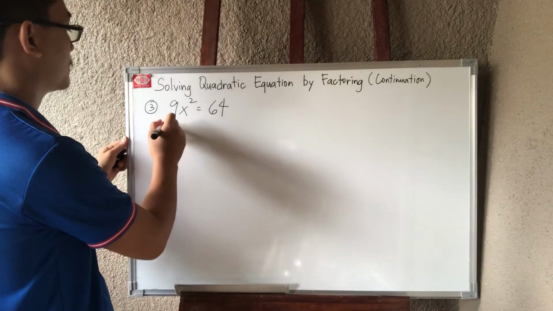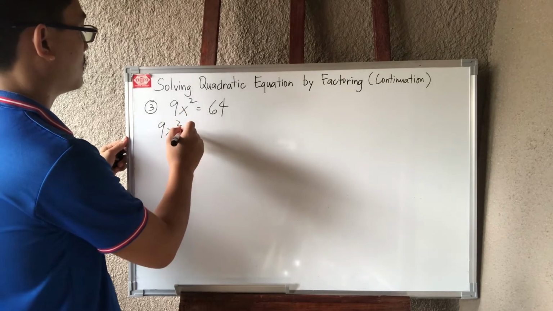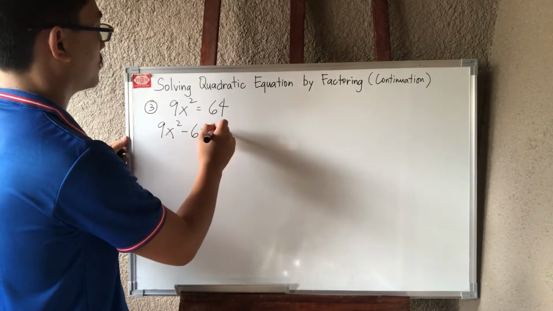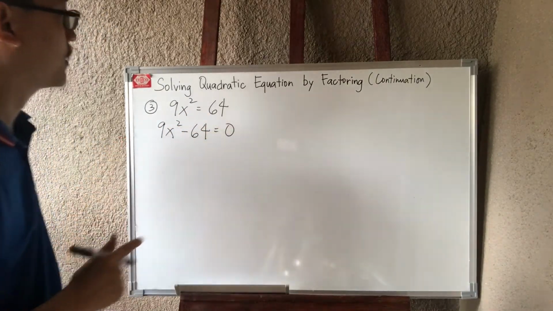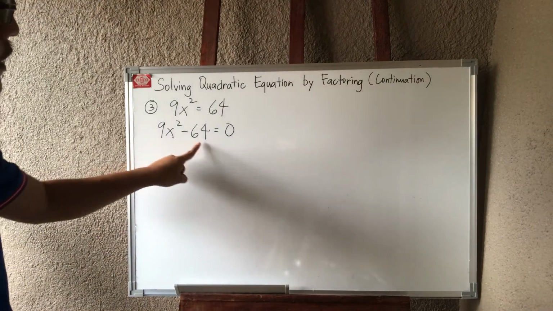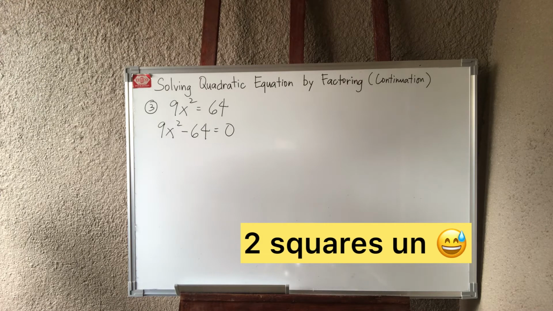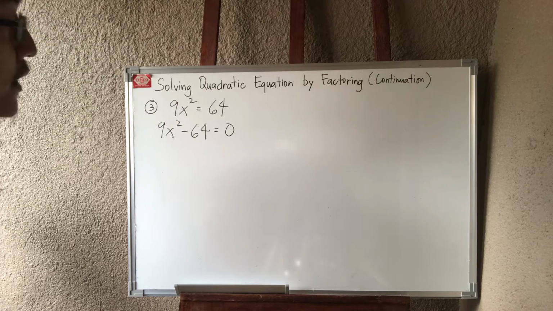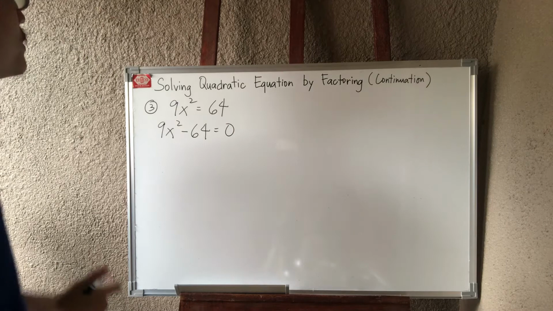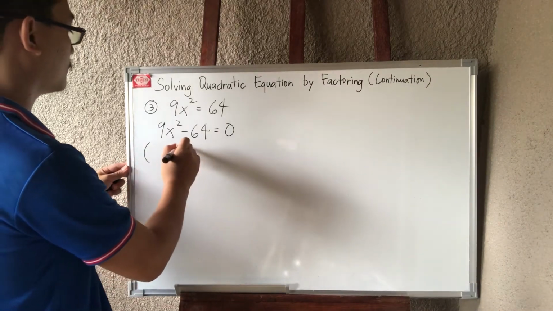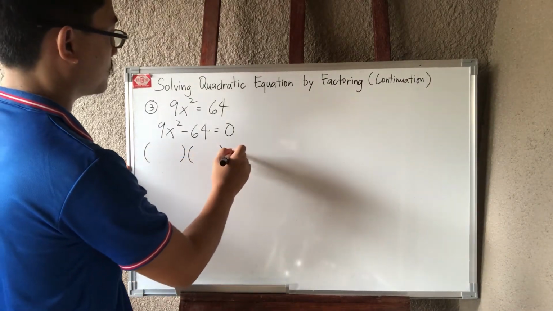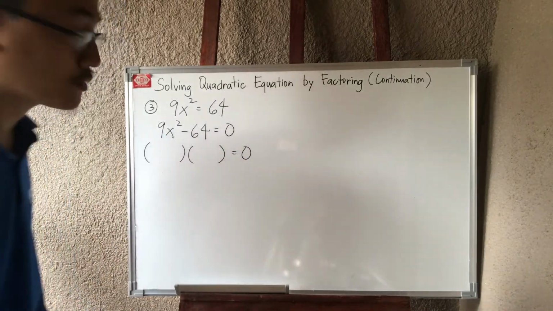So, this becomes 9x squared minus 64 equals 0. Since this is the difference of two terms, it is factorable by sum and difference of two terms. So, dalawang parenthesis ulit equals 0.